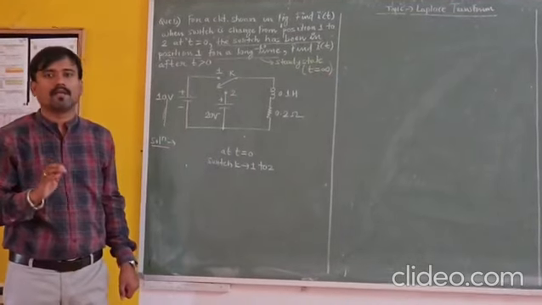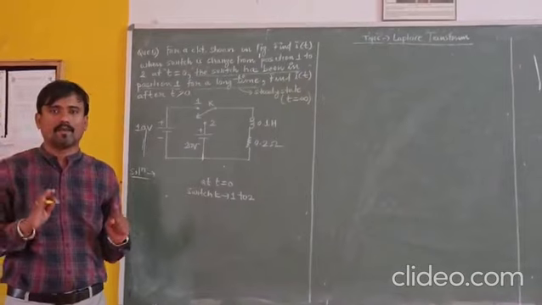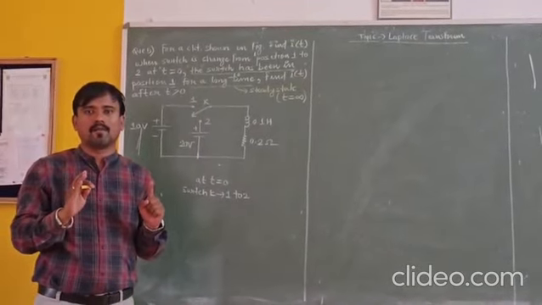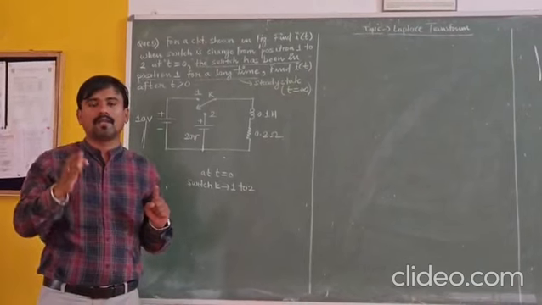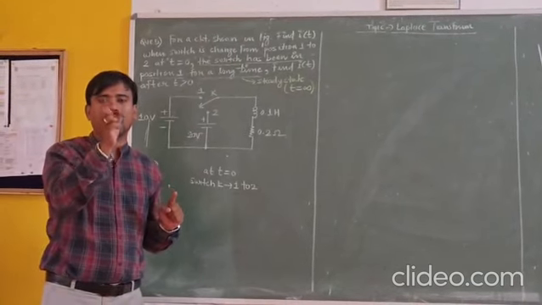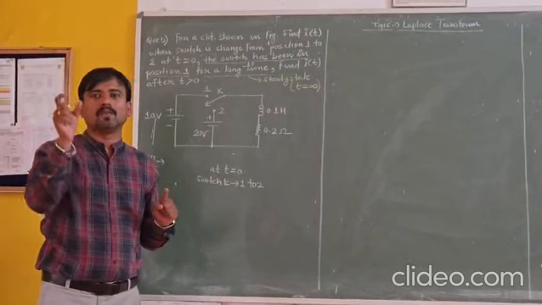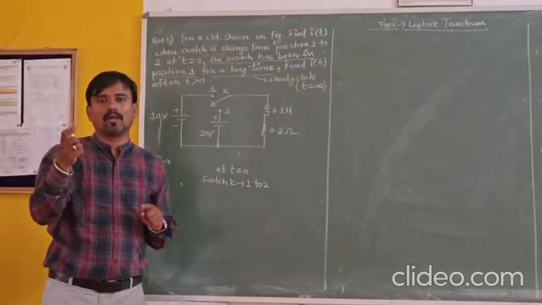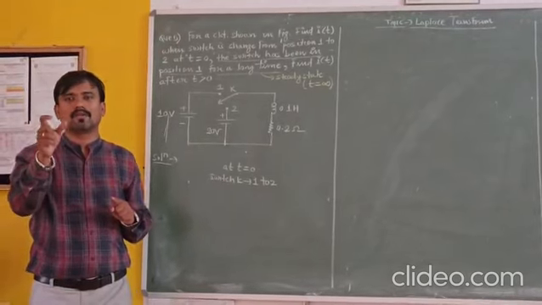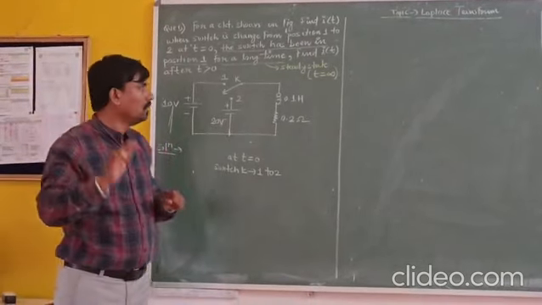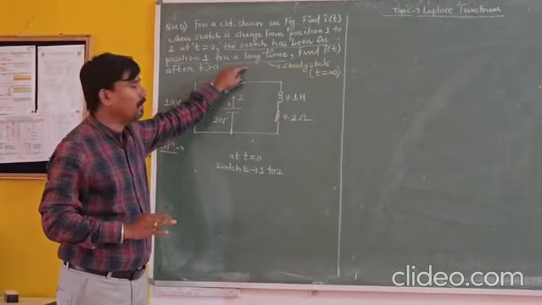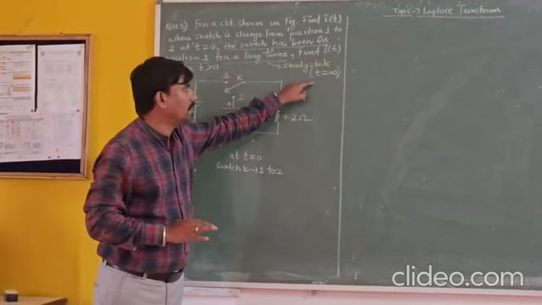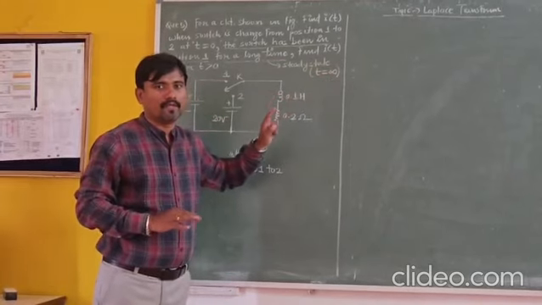As all of you know, we have seen the transient analysis table. In that table, there are two columns: one column has the condition t equals 0 plus, and the other column has the condition t equals infinity. This numerical we have to solve under column number 2, that is at t equals infinity.